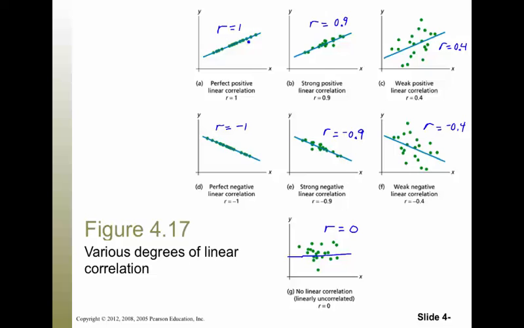If R is positive, what do you see? Increasing X indicates increasing Y. So these are directly correlated. If X increases, Y increases when R is positive. When R is negative, when X increases, Y decreases. Okay?